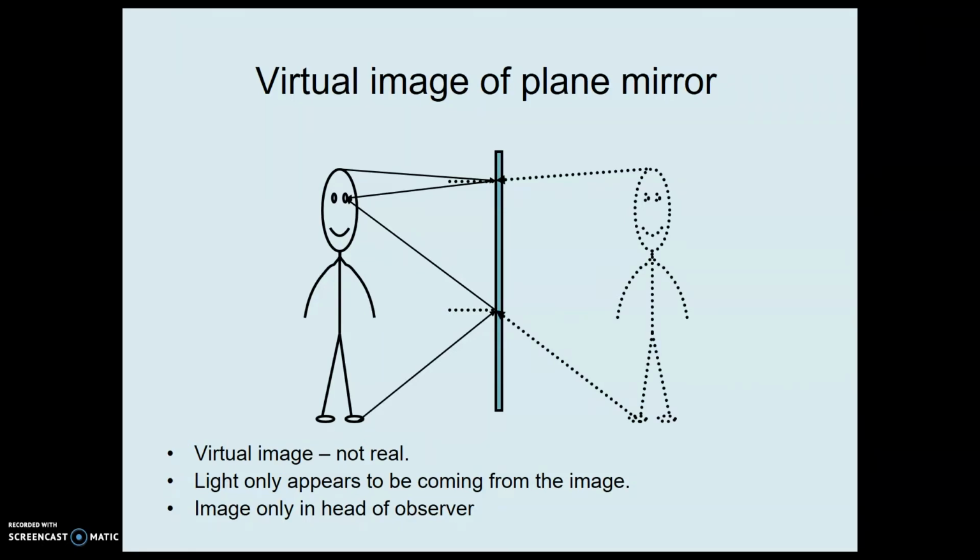There's no light going to this image. It appears to be coming from the image, and that is what we call a virtual image. It's not one that can be cast on a screen. Incidentally, you only need a mirror half the height to be able to see your whole reflection.